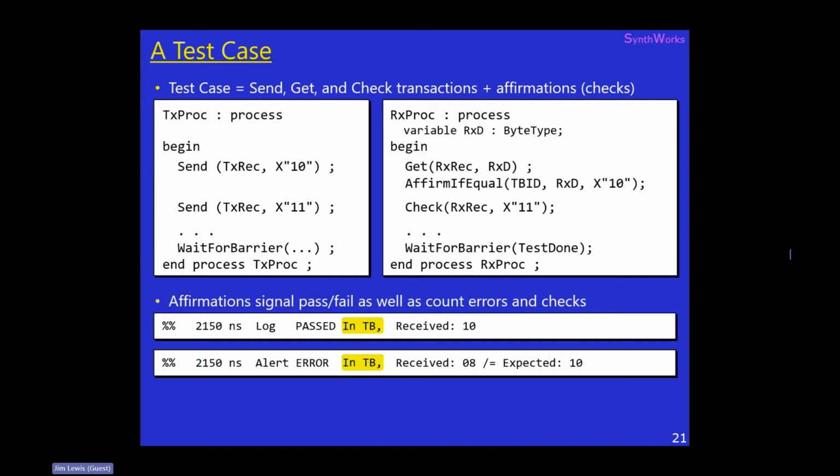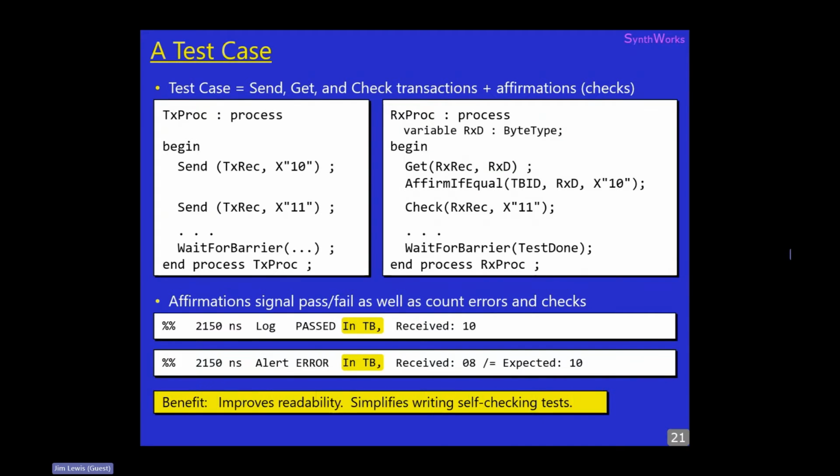This gives you the context: where did it happen? So when we did the new ID on the IDs, we gave it a name. That name prints here. Okay, so if we pass, we only print what we received. If we fail, we print both the received and the expected. Okay, benefits: we've improved readability, and we've greatly simplified writing self-checking tests.